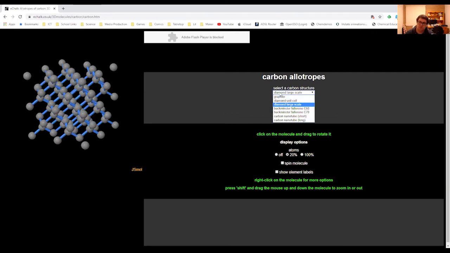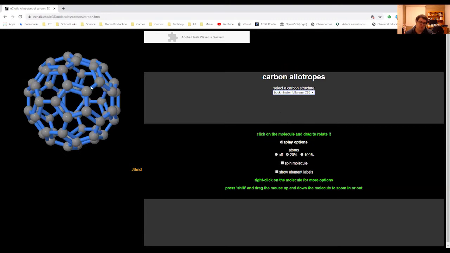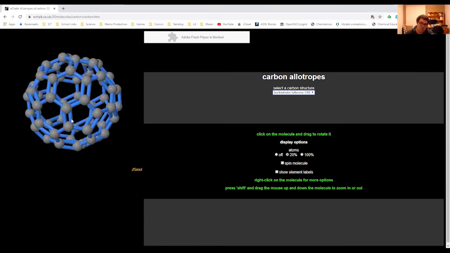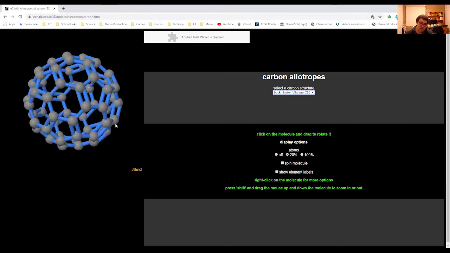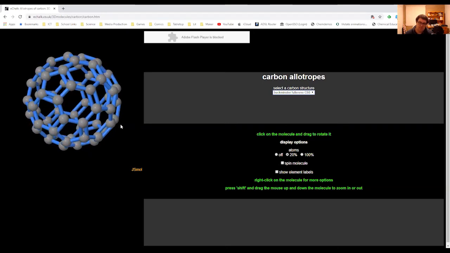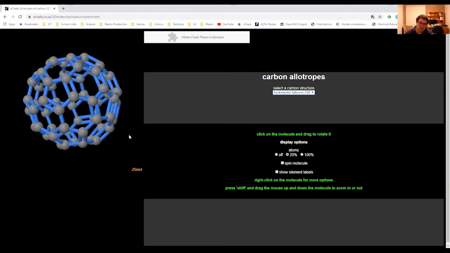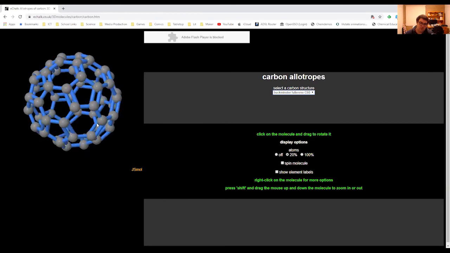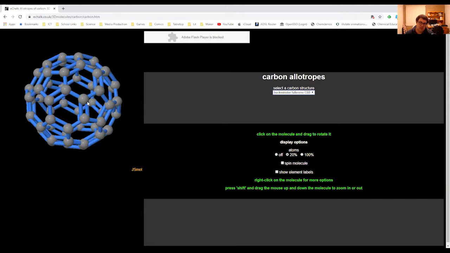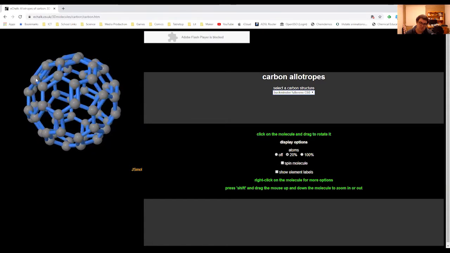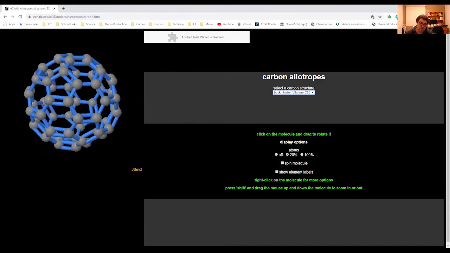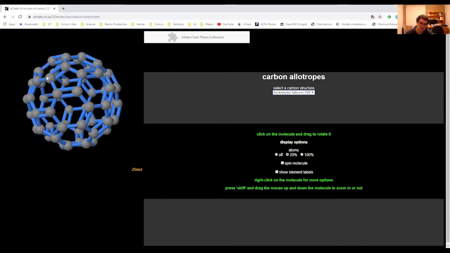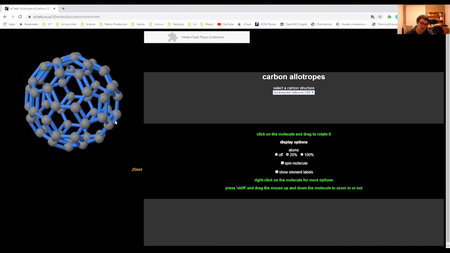Let's take a look at some of the more exotic arrangements. This is called a Buckminster Fullerene, or a buckyball. Notice you have your carbon atoms arranged in ring structures with double or single bonds, and this structure has either pentagons or hexagons, and it's literally a soccer ball made out of carbon atoms.